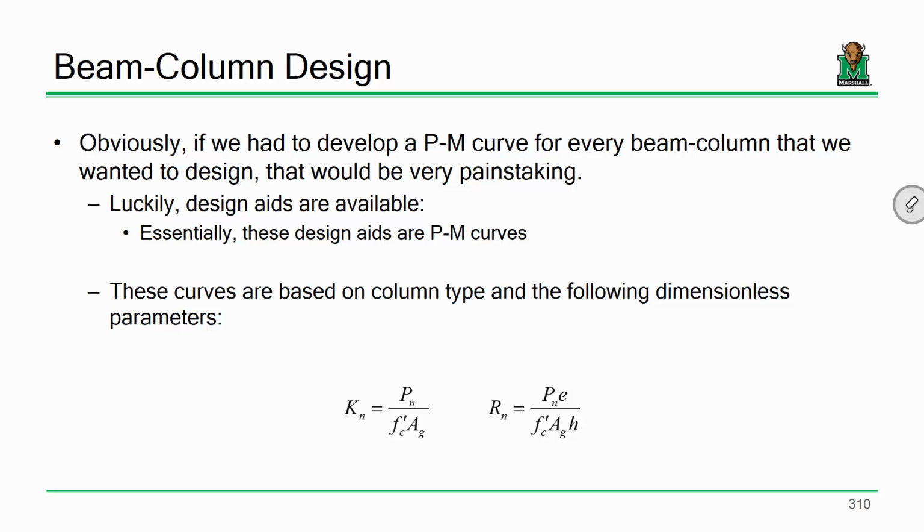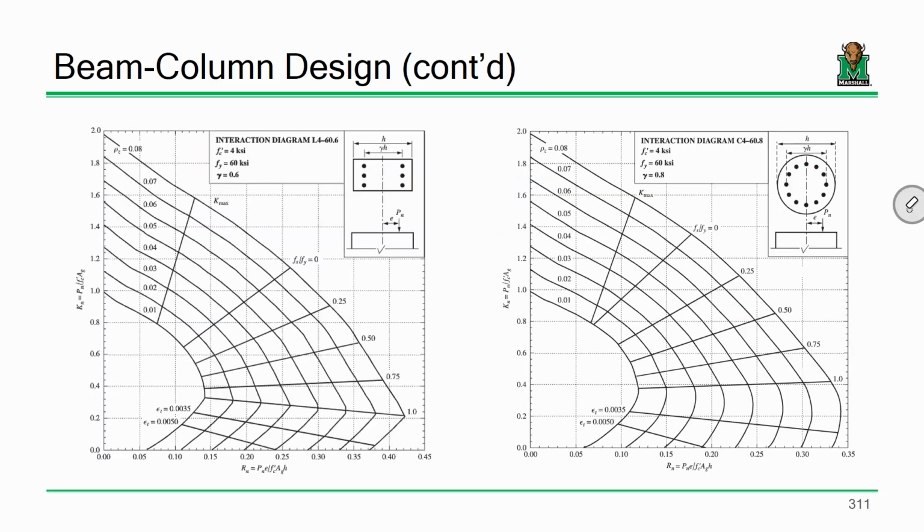Kn is sort of related to, I guess I'll call it, the percent axial load, and Rn, the percent bending on the section. So what you would do is calculate a Kn, go into this chart, find the reinforcement ratio that's right for you, and there you go.